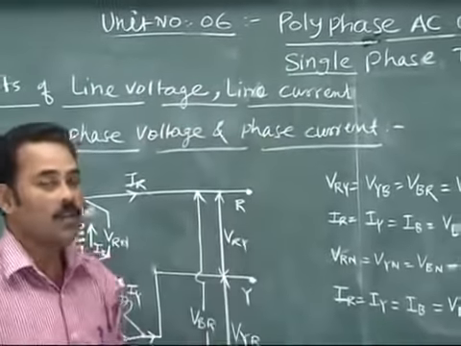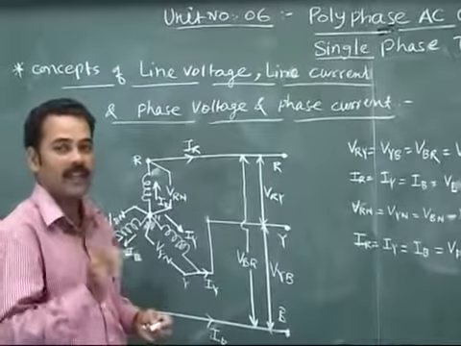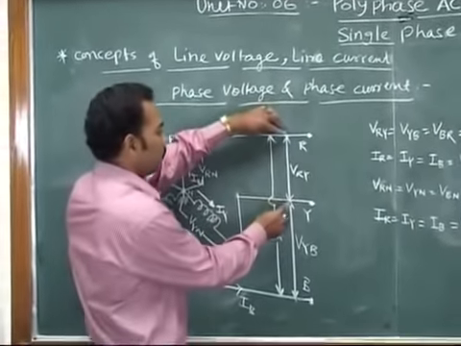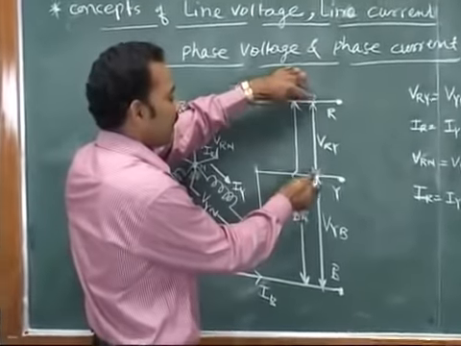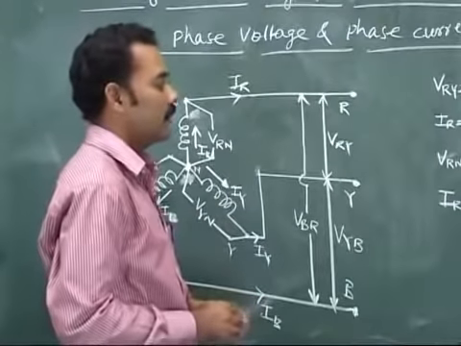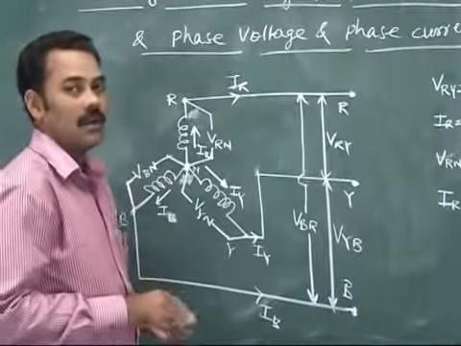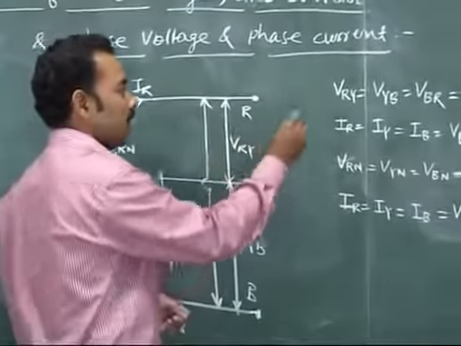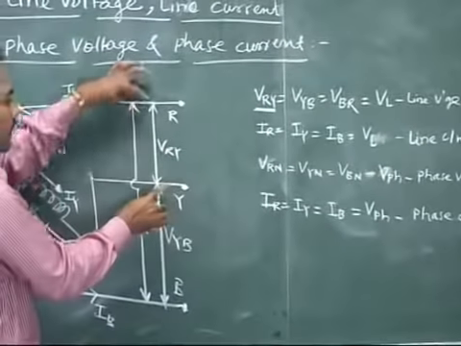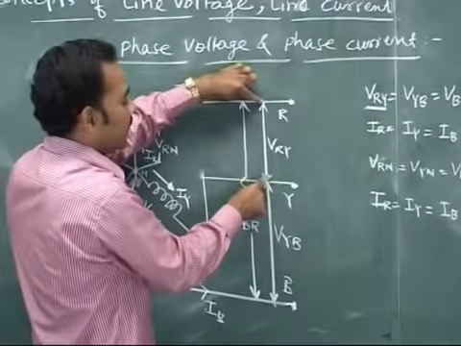The potential difference between two lines is called the line voltage. There is a potential difference between these two points of the lines, and that potential difference between two lines is called the line voltage, whereas the current flowing through the line is called the line current. So here we can see the voltage across lines R and Y, represented by VRY, is nothing but the line voltage.